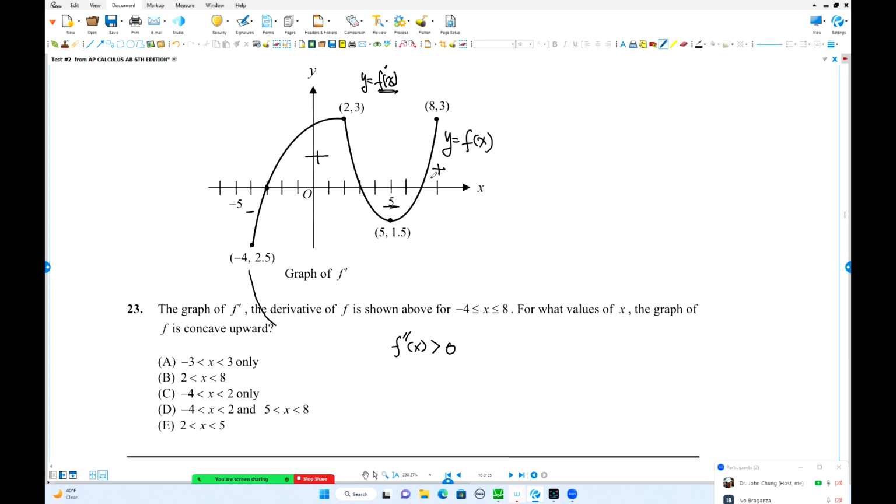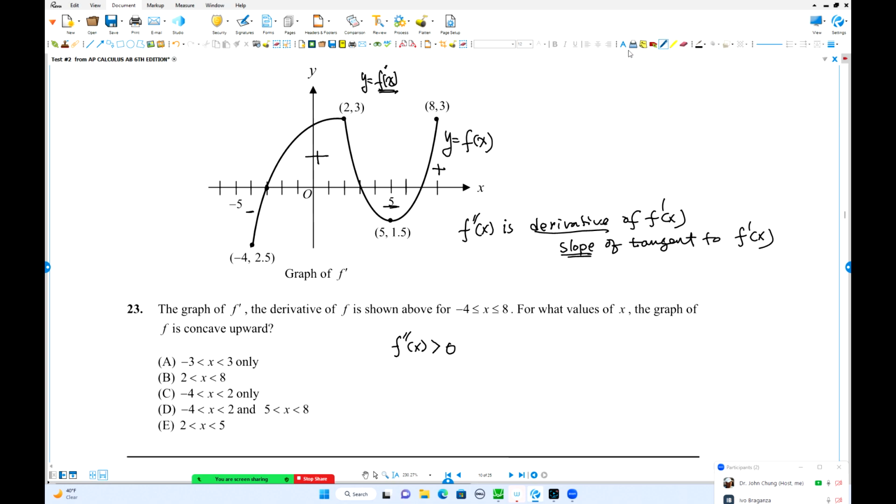Are you okay with this? But we know that the second derivative, f double prime x, is the derivative of f prime. That means the slope of the tangent to f prime x is the second derivative.